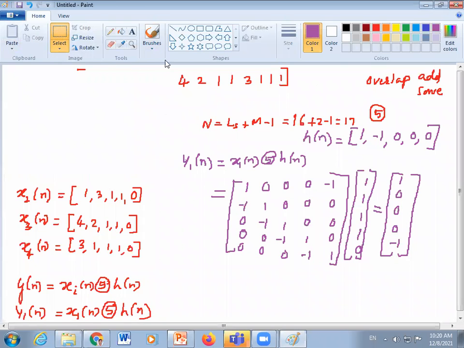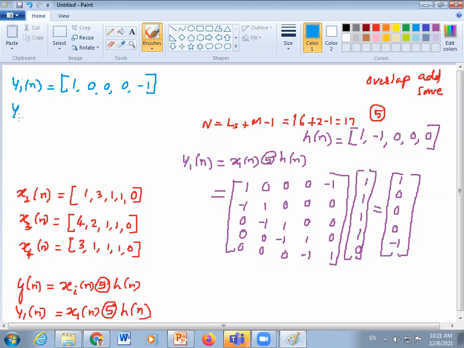Okay. Calculate for the second value, y2 of n. Here I am writing y1 of n is equal to 1, 0, 0, 0, -1.